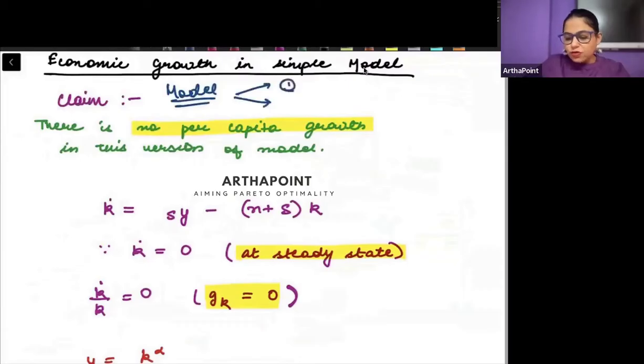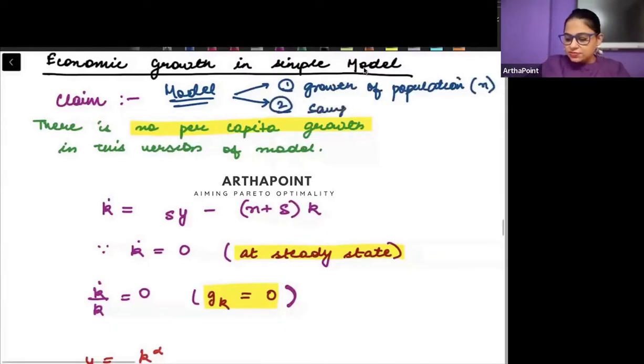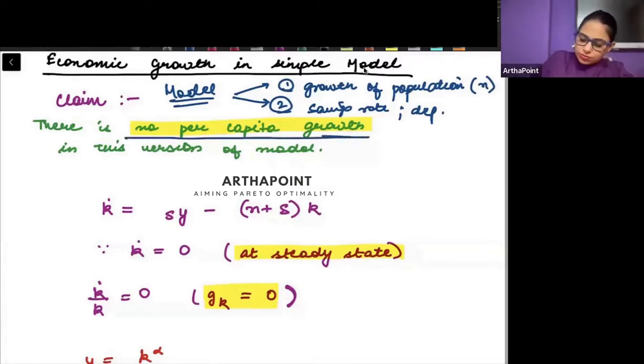One, there was growth of population, एक n factor था, and second, there was savings rate, and of course depreciation. जब हमें सिर्फ इतना मॉडल दिया हो, in this kind of model, my claim is that there is no per capita growth rate.